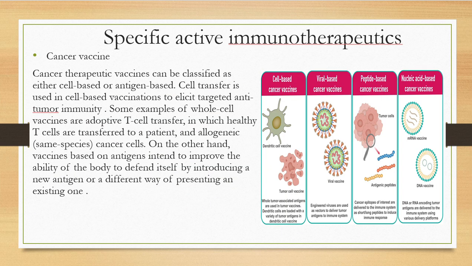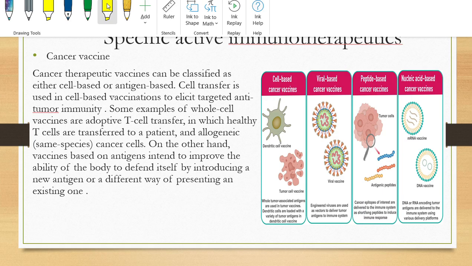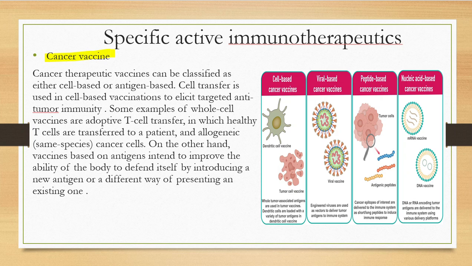Then in specific active immunotherapy, as we all know, it produces or stimulates specific immune responses. The first example of specific active immunotherapeutics is the cancer vaccines. Cancer therapeutic vaccines can be classified as either cell-based or antigen-based.